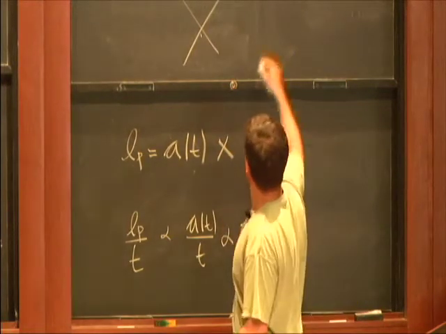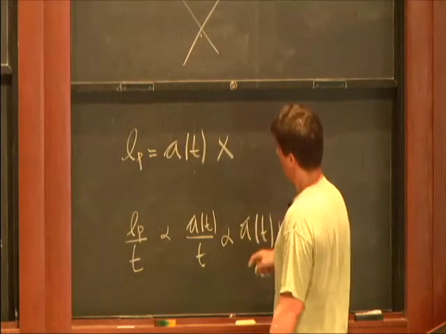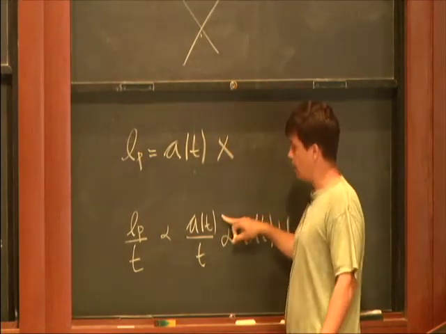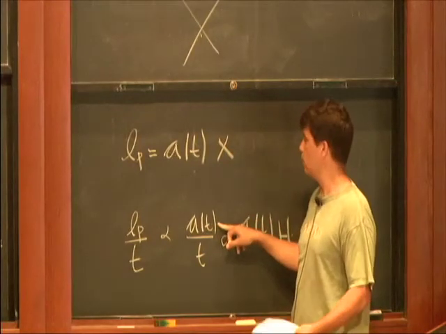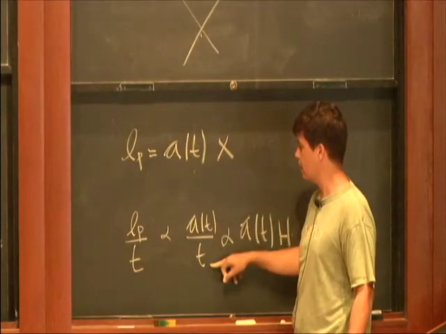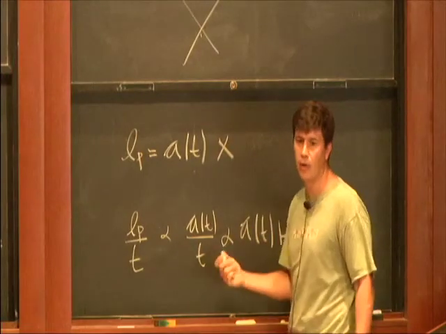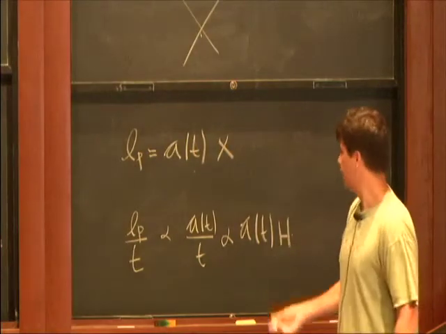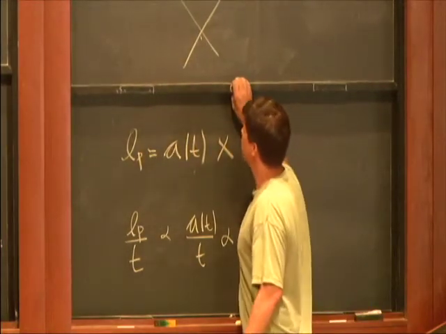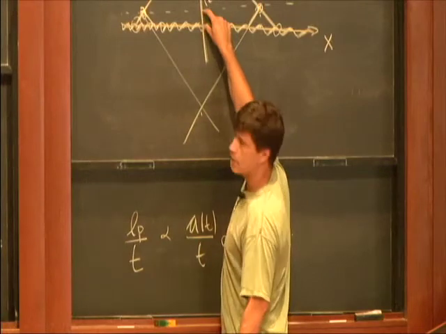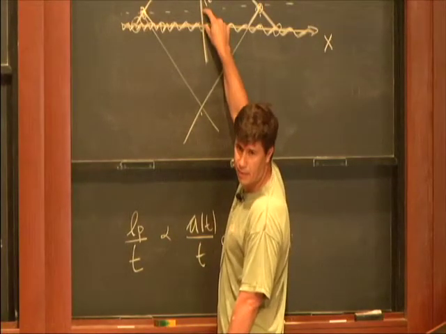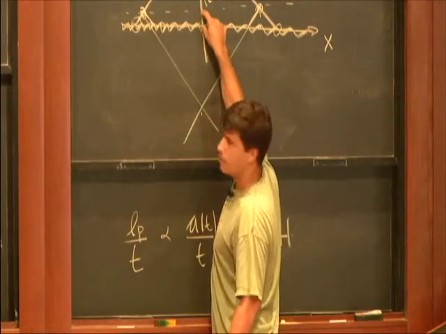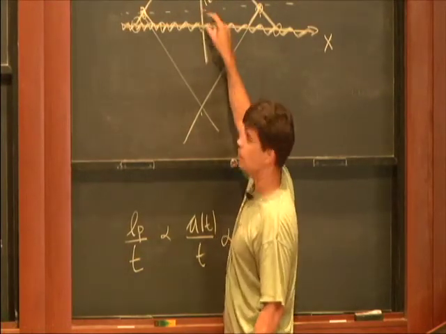So in the type of universes we're talking about, radiation era or matter era, a of t is going as t to the 1/2, t to the 2/3. This is smaller than t. So as you go back in time, things are more separated in units of the age of the universe than before. So at two points, as you go back, they are more and more separated relative to each other in units of this.